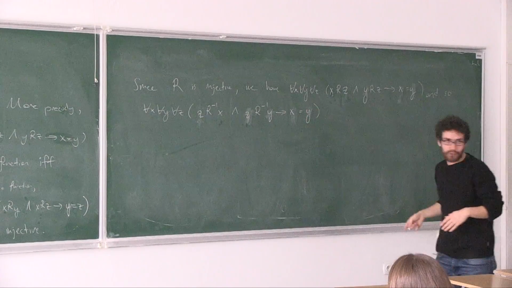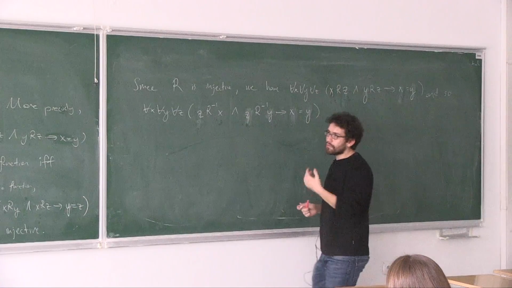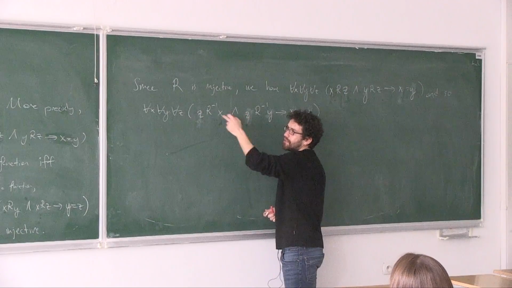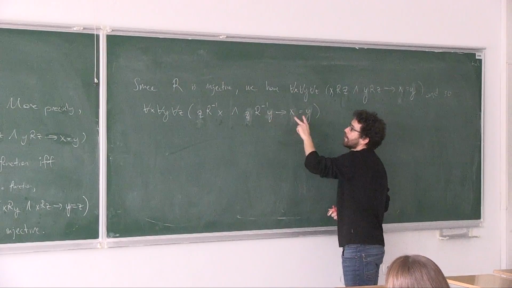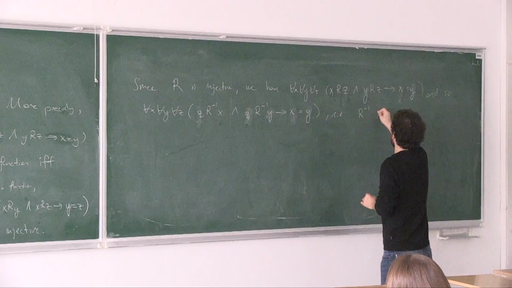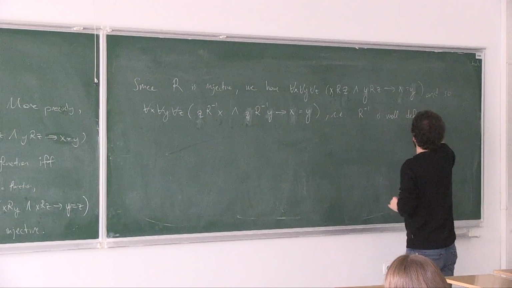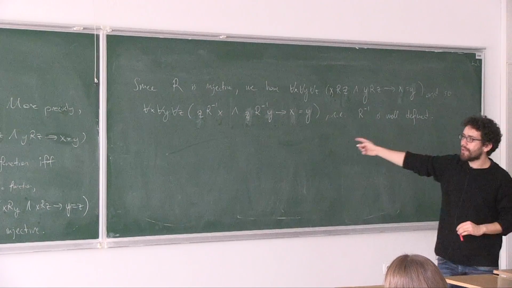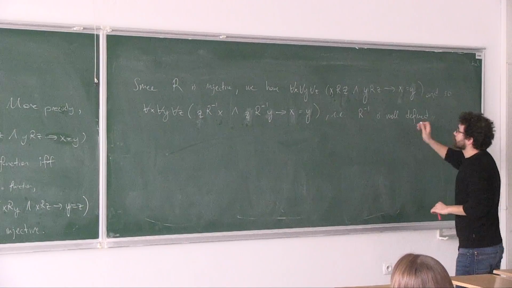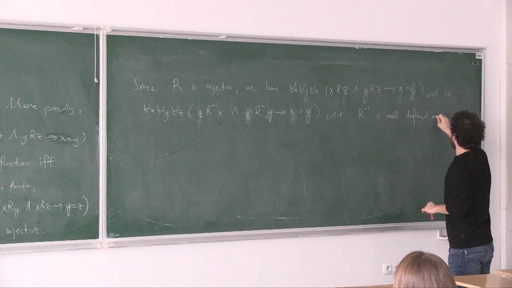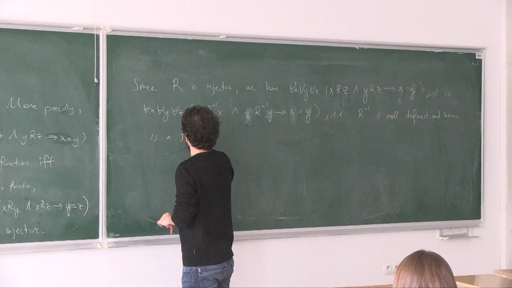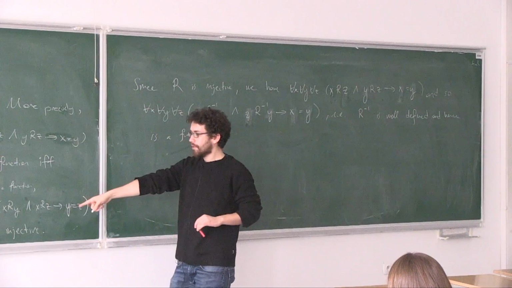Now, this is what it means for R inverse to be a well-defined relation. In a well-defined relation, an object is related to only a single object. So z is mapped to x, z is mapped to y, and in this case, x and y should be the same. So this is the same as saying that this is well-defined. So we just showed that if R is an injective function, then so is R inverse.